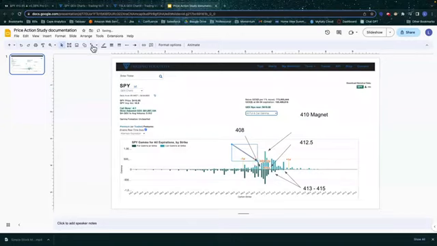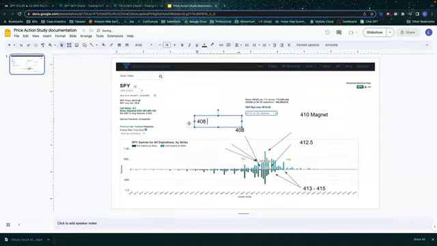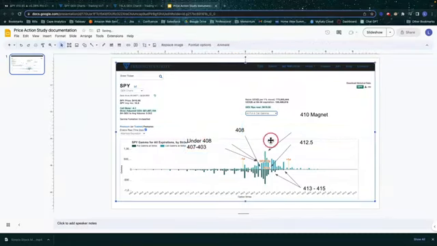So I'm going to do 407, and then 403 could be the new price range if we break under 408. So under 408 can take us to 407 to 403, which is something you might want to pay attention to.